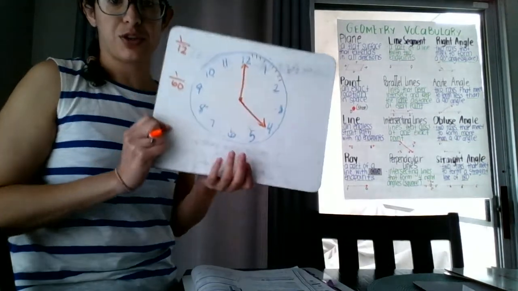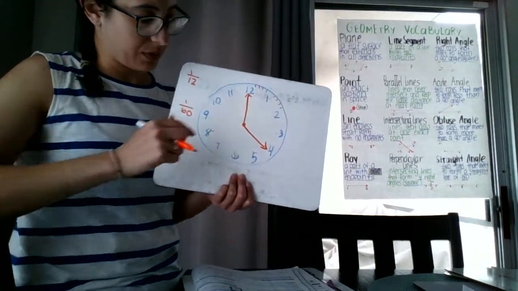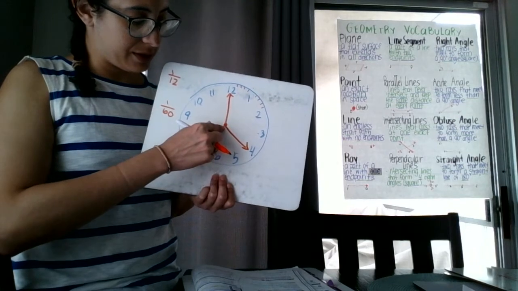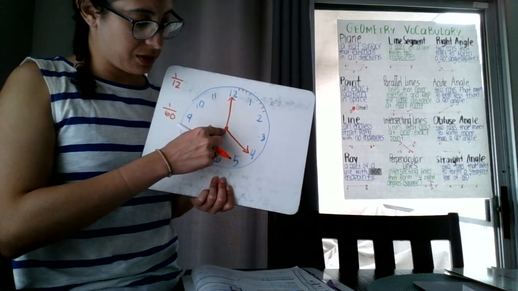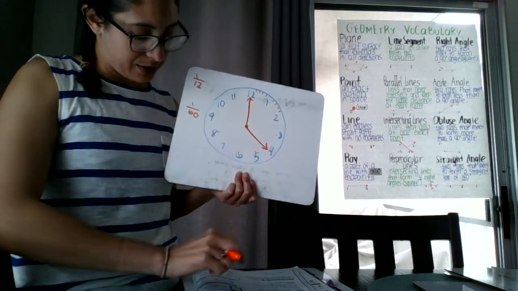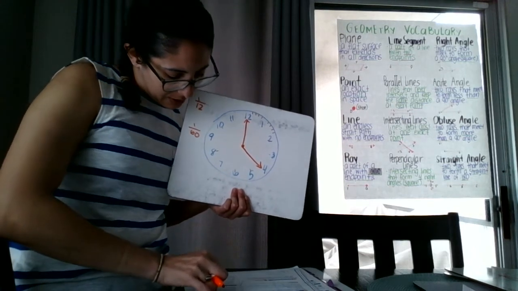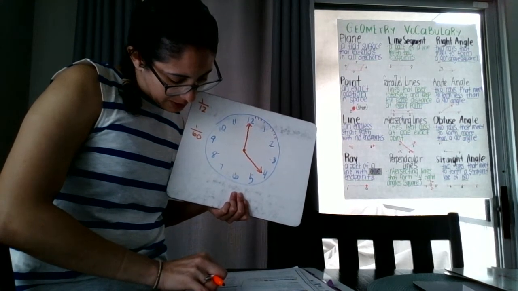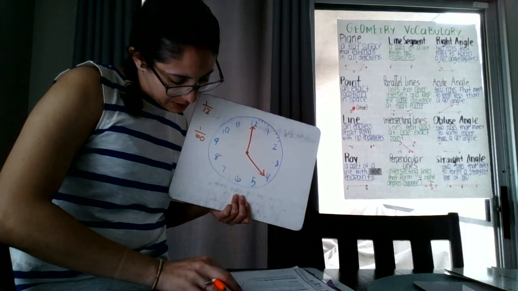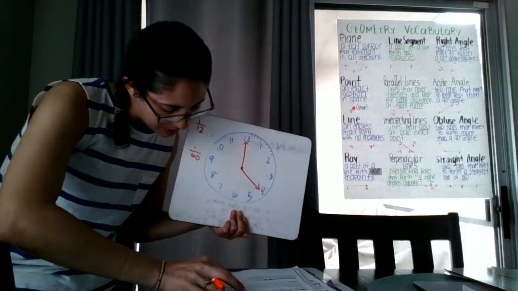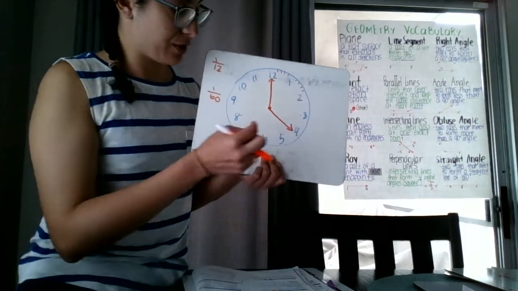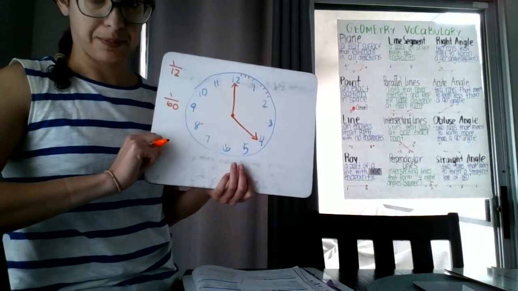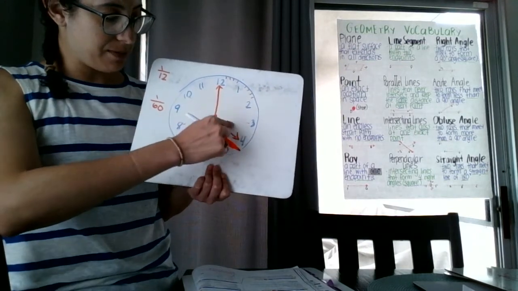Here are my rays. Here's the endpoint that they share in common. Here's one ray. Here's another ray. And it says here that I need to find the measure of this angle. Okay? I need to find the measure of this angle.